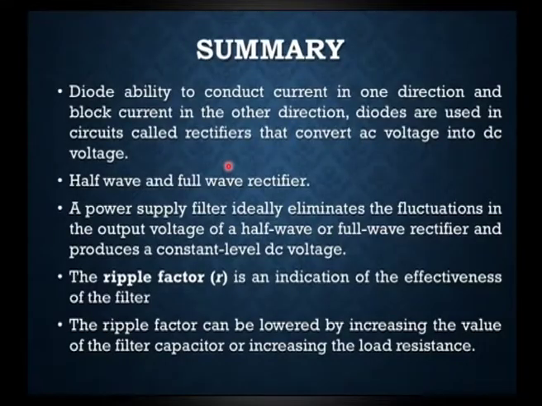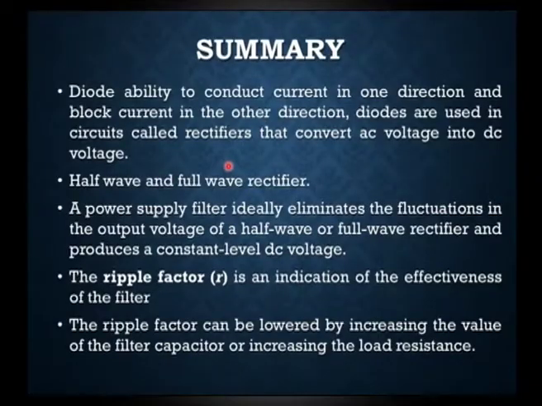The ripple factor identifies the effectiveness of the filter, that is, how effectively the filter works. The ripple factor can be lowered by increasing the value of the filter capacitor or increasing the load resistance. This is the inference we can draw from the ripple factor.